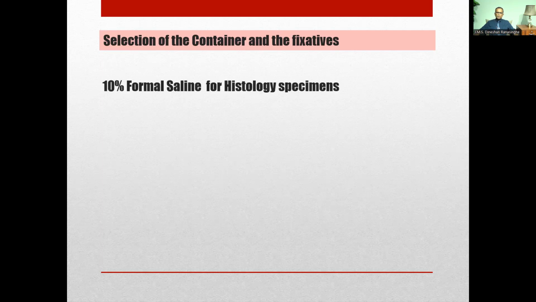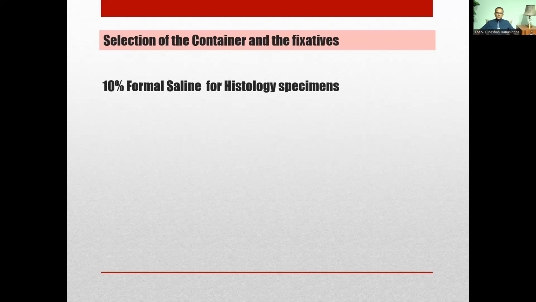So we use 10% formal saline for histology specimens. The selection of the container and the fixatives is very important when it comes to histology. Because sometimes we have seen in some units of hospitals, we have been sent histology samples in saline.